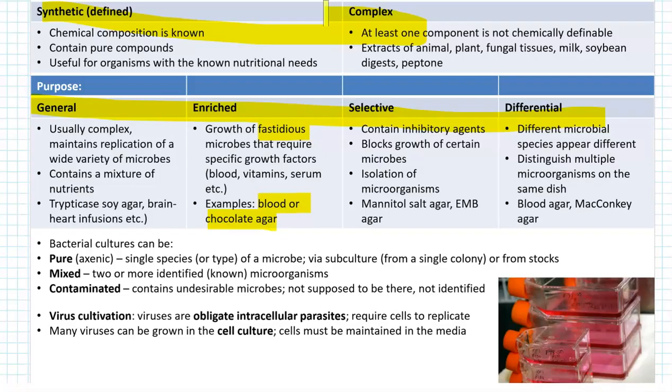It also contains lactose. And bacteria that can ferment lactose appear differently from bacteria that cannot. What is the proper description of that medium? And you start thinking, okay, it's not a write-in. Remember, you will have to choose out of multiple choice.